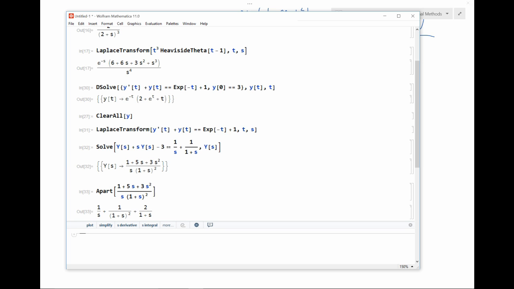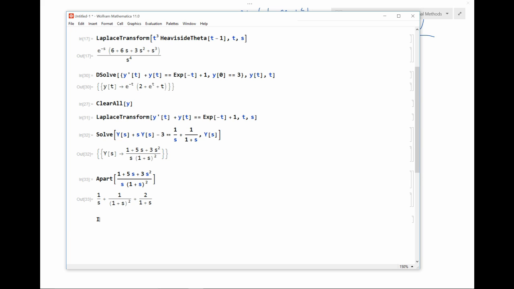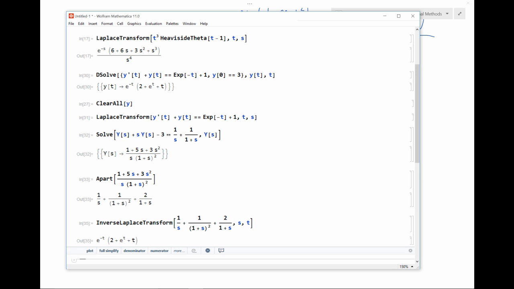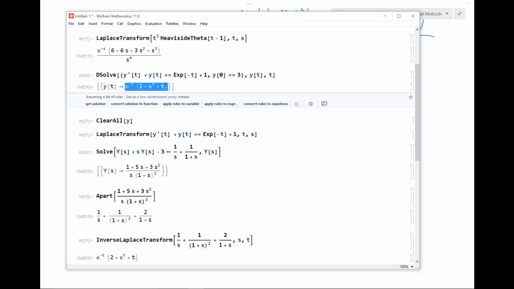We did the partial fraction decomposition only of the second term, and the second term had the fraction 1 over s plus 1 in it. So we did a little bit of double counting, and if I do the inverse Laplace transform of this, then you can see that the expression that I get from the inverse Laplace transform is exactly the same as the expression I got with the DSolve command.